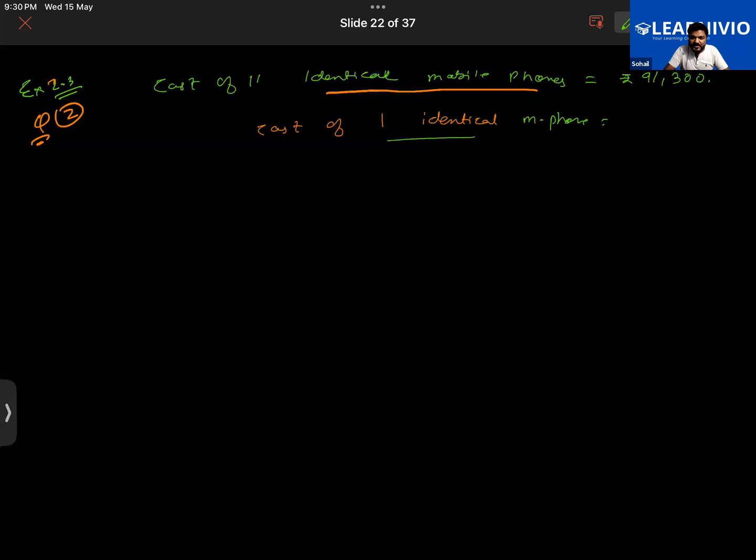If I say that the cost of 10 books is 500, then the cost of one book is simply 500 divided by 10. That is 50. In a similar manner, you can find this one also. Simply divide 91,300 by 11 and you will get the cost price of one identical mobile phone.